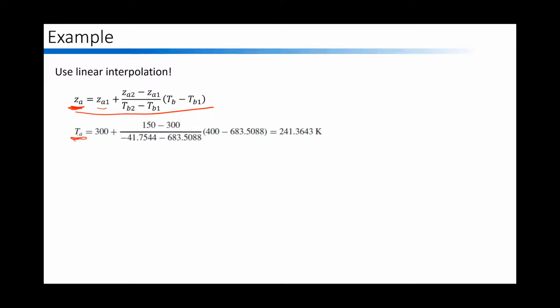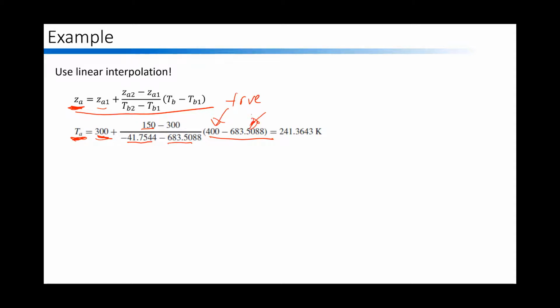Right, so here we're not using z's anymore. We actually want to get back out a temperature guess. So we can put in TA. Our initial guess was 300, plus my second guess 150 minus that first guess 300, over those projected T values, negative 41 and 683, times the true value that we want minus that first guess.